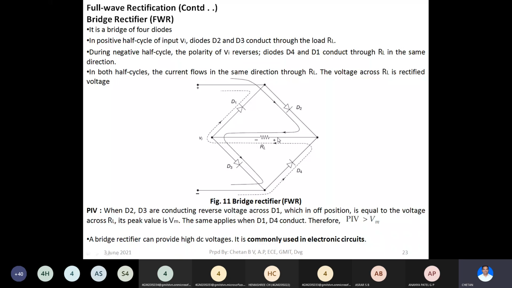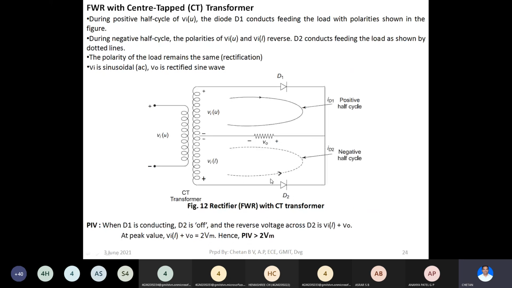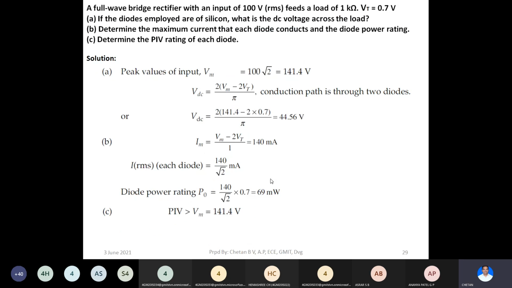So we have to make a minor change in the formula. The actual formula is VDC equals 2 Vm by pi. Here in place of Vm, you replace it by Vm minus 2 Vt, divided by pi, and this comes around 44.56 volt, the VDC value after simplification, right?